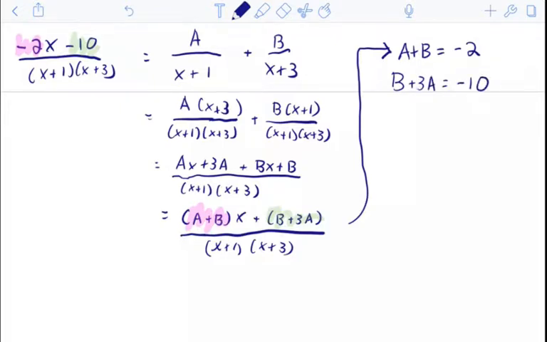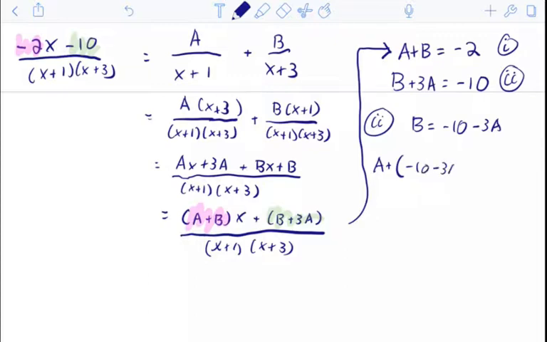So now I'm going to choose one of the two expressions and then isolate one of the variables. For your sake, I'll call this 1 and 2. So let's do it for 2 now. I'm going to take 2 and I'll isolate for b. b is equal to minus 10 minus 3a. And now I'm going to substitute it into a. A plus the b term is minus 10 minus 3a, equals minus 2.